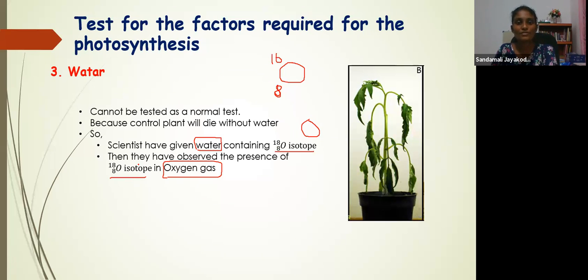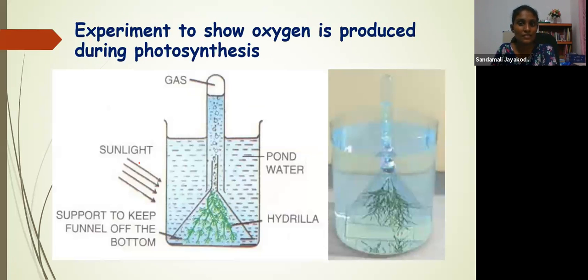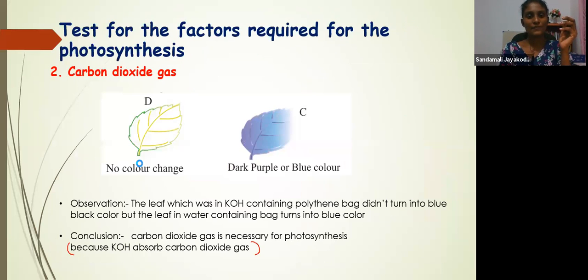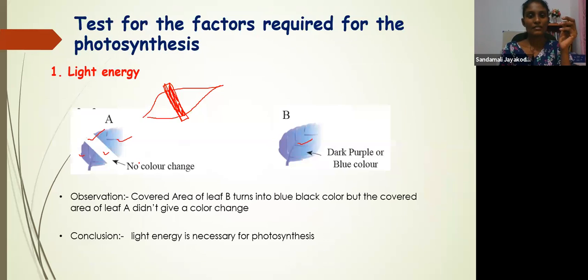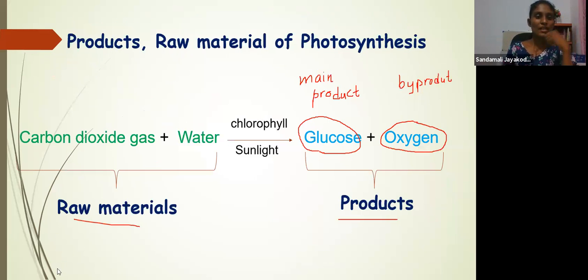Now I am going to discuss another practical in this lesson. Here we have done all the things in this equation. For carbon dioxide gas, we did that test with KOH and water.